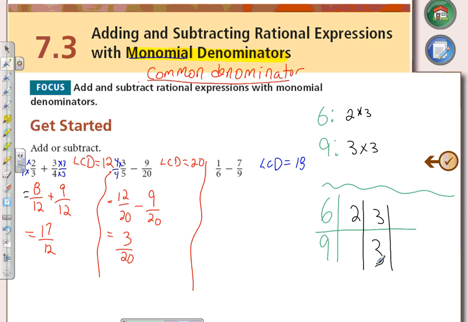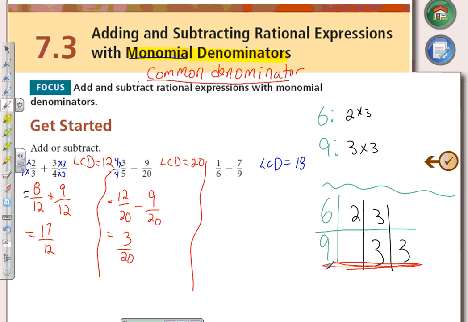I'm only able to put one number into each column here. And then the next one, I need another 3, so I've got another column for 3s. Most of you can do this in your head without having to worry about that for numbers. It's going to become important when we're looking at variables and factors.